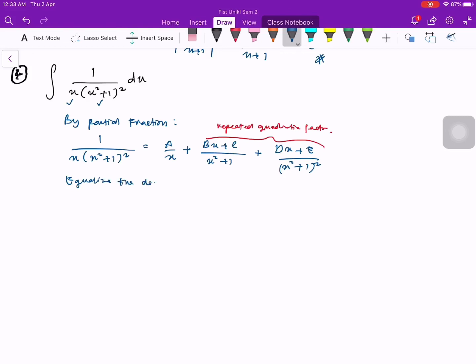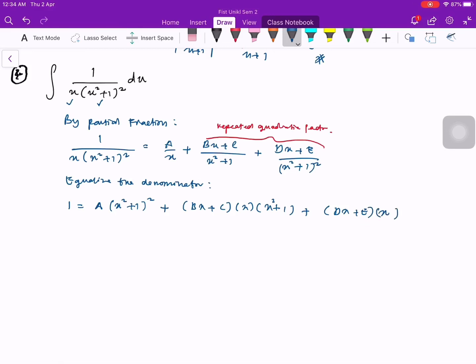Okay, now by equalizing the denominator, we're going to have 1 is equals to A times x squared plus 1 squared, plus now we have Bx plus C times x times x squared plus 1, and then we're going to have Dx plus E times x.